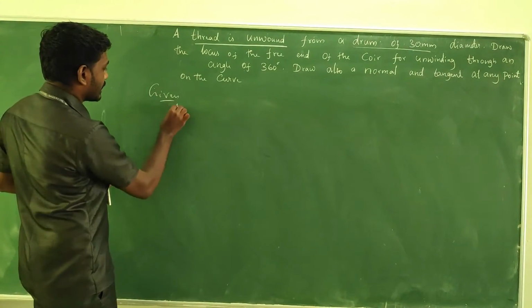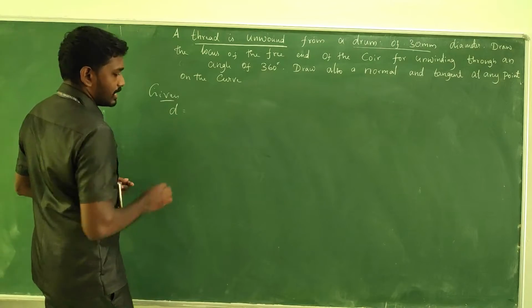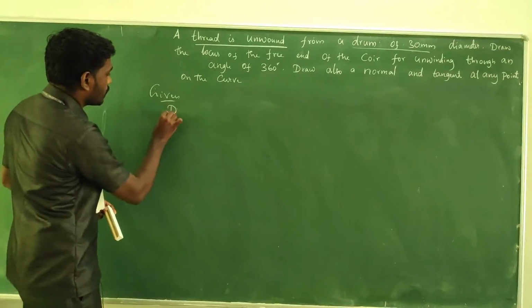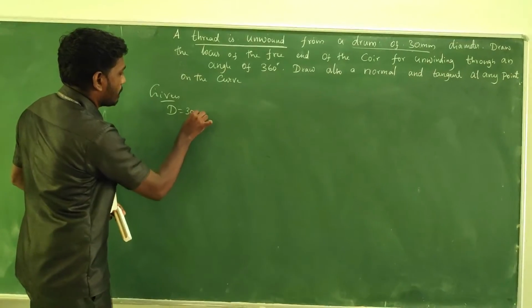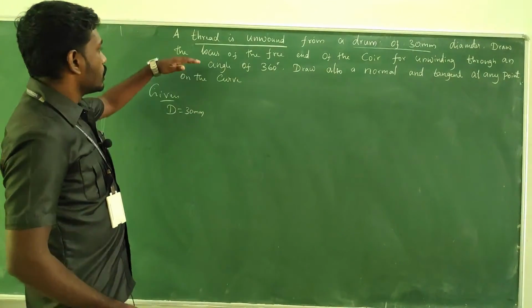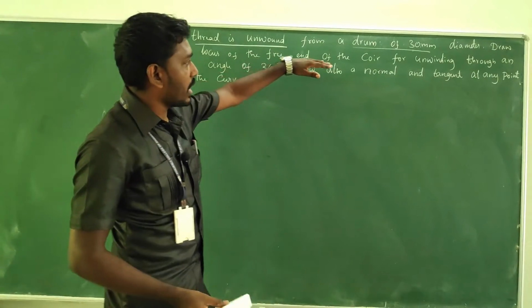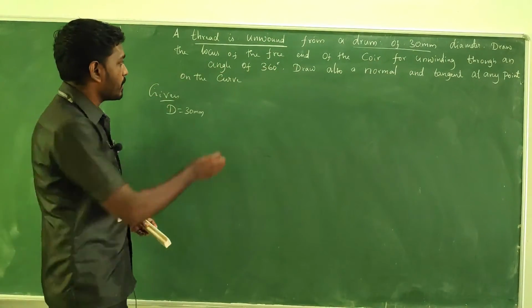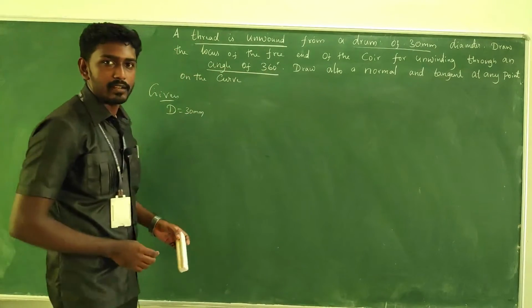the diameter of the circle D is 30 mm, so take capital D as 30 mm, and then draw the locus of the free end of the coil for unwinding through an angle of 360 degree. Angle of 360 degree, what does it mean?